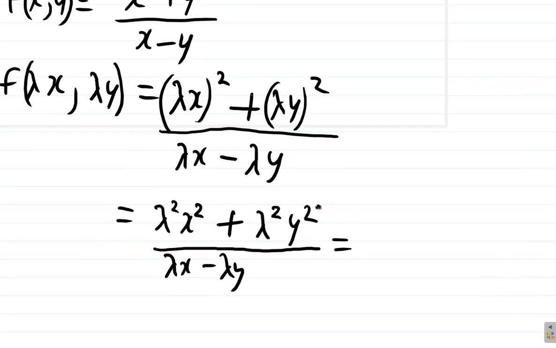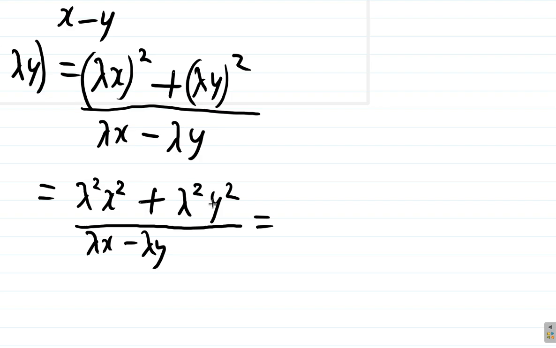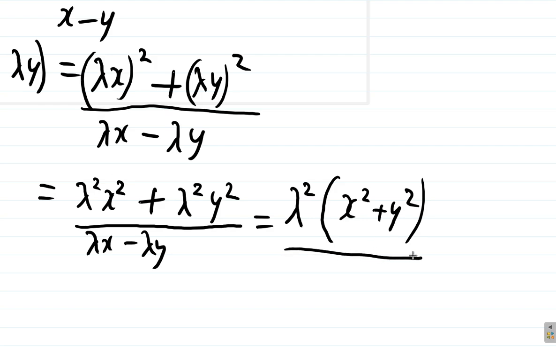Now, what do we have here? Can we factorize anything? Oh, lambda squared is a common factor here. So we put lambda squared outside a bracket. Inside the bracket we have x squared plus y squared divided by, what's the common factor? It is lambda. Common factor down here is lambda, so it's lambda times x minus y.